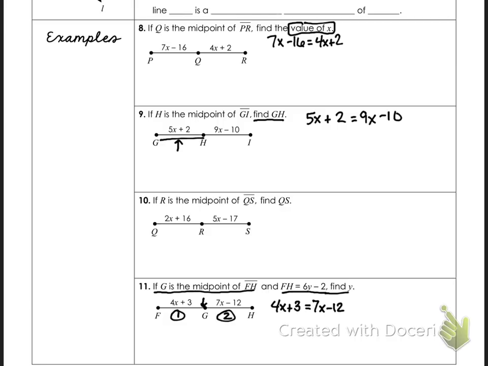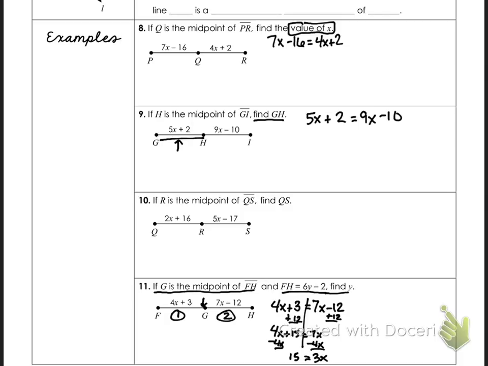Okay? And I can solve this. So if I add 12 to both sides, you get 4x plus 15 is equal to 7x. Subtract 4x from both sides, subtract 4x. You get 15 equals, what, 3x?